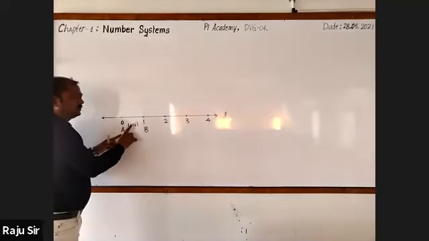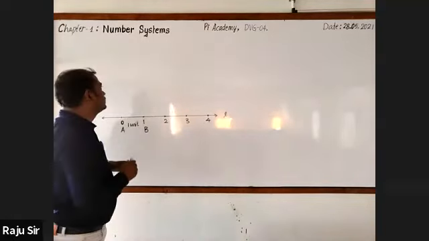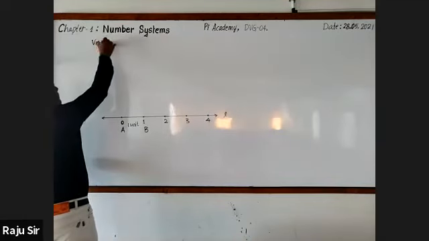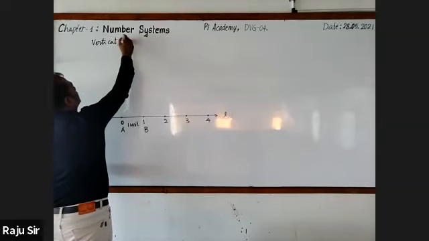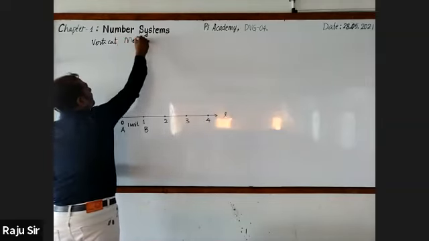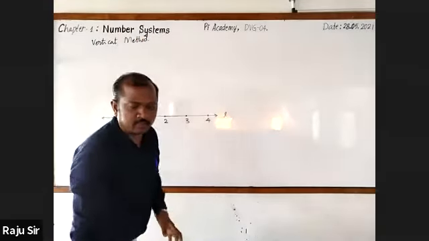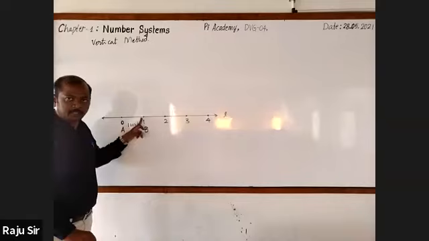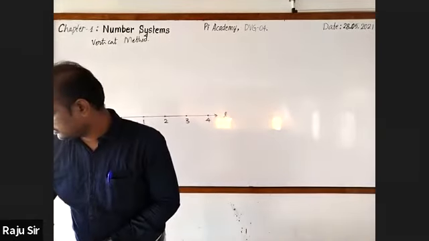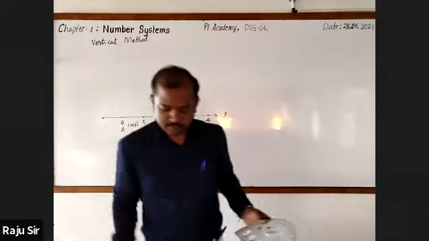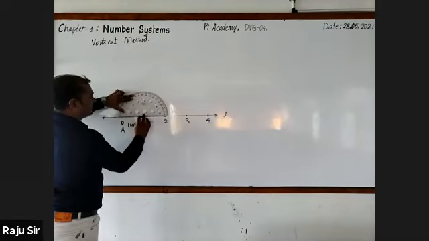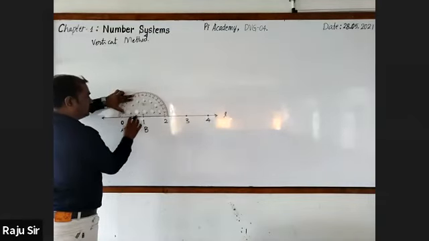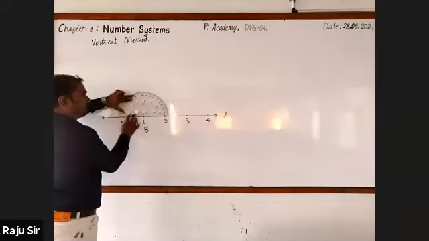And we call the distance from A to B 1 unit. As it is the vertical method, we will draw a perpendicular at B. Let me take a protractor and place the midpoint of the protractor at B, and the line on the protractor should lie on the number line.